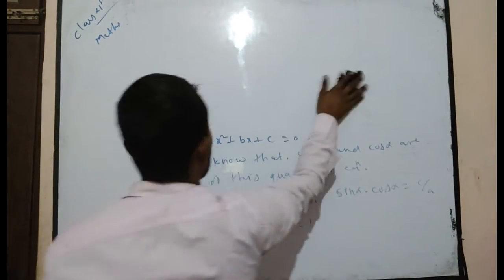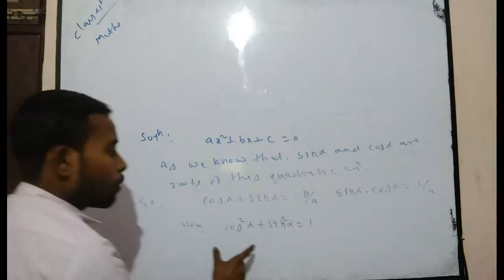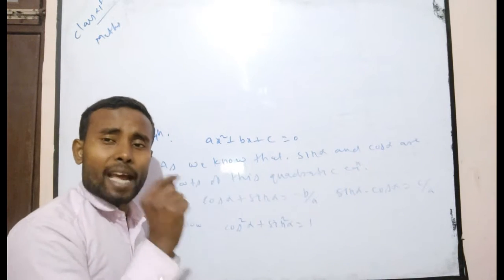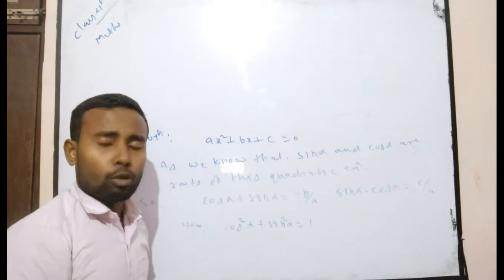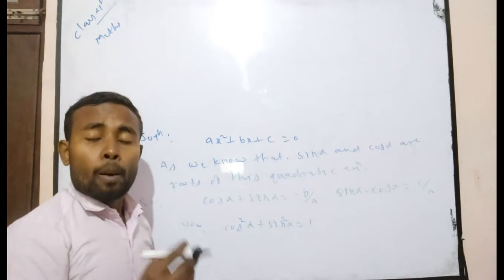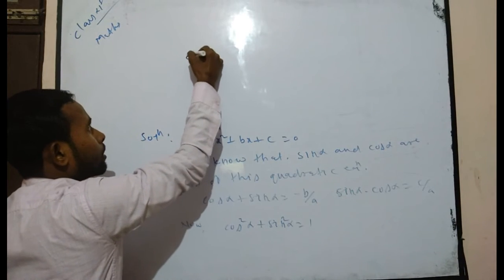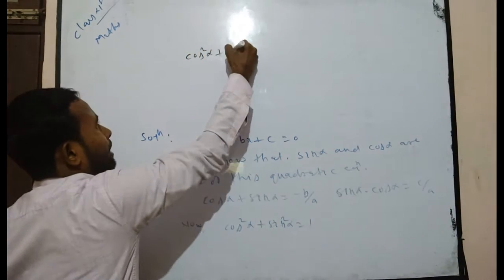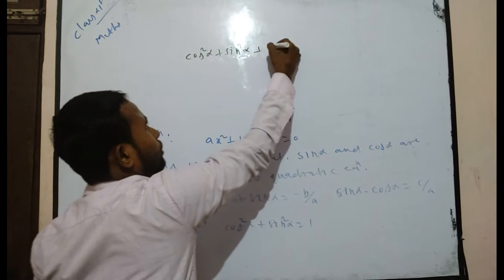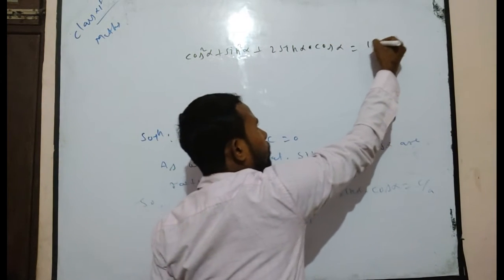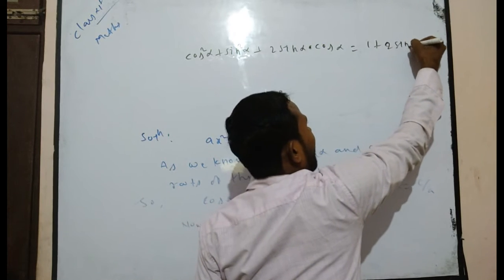Now if you add 2 sin alpha into cos alpha on both sides, you get cos square alpha plus sin square alpha plus 2 sin alpha cos alpha equal to 1 plus 2 sin alpha cos alpha.